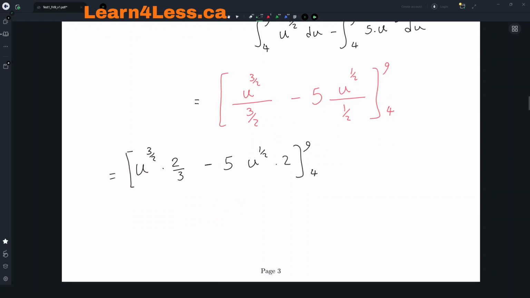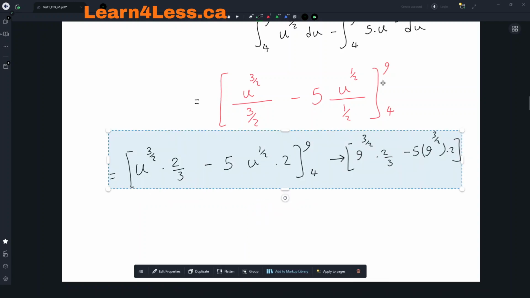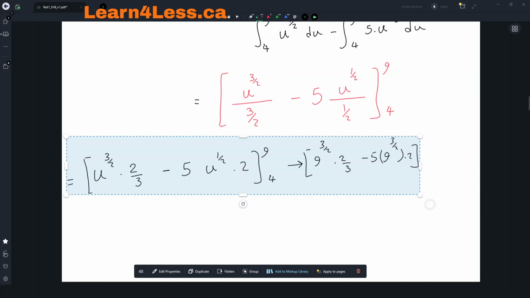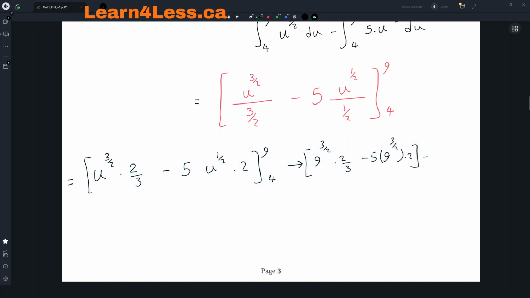Now I can simply plug in 9 here. So it would be 9 to the power of 3 over 2 times 2 over 3 minus 5 times 9 to the power of 1 over 2 times 2. This is what I have for the upper bound, and minus when I plug in the lower bound.